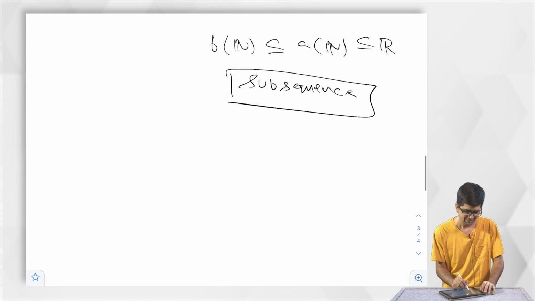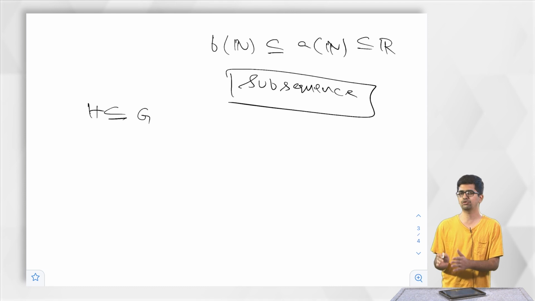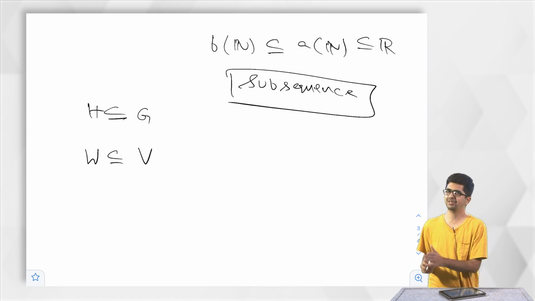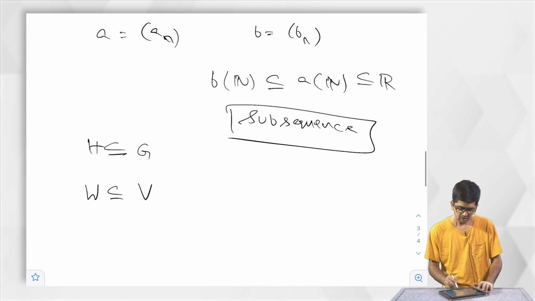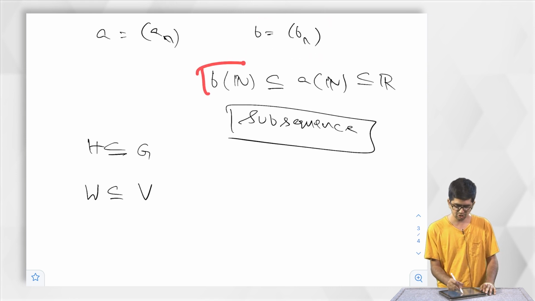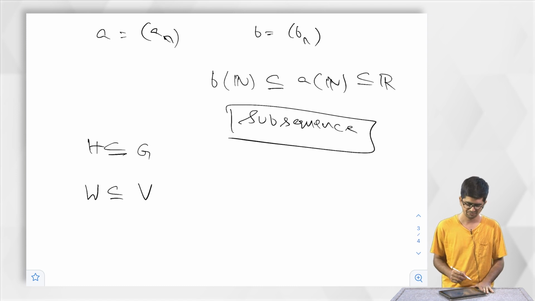Given a group G, a subset H is said to be subgroup if something happens. Given a vector space V, a subset W is said to be vector subspace if something happens. So similarly, if I want to call something a subsequence, at least the image should be contained in this image. That is the first thing that it should satisfy at least.